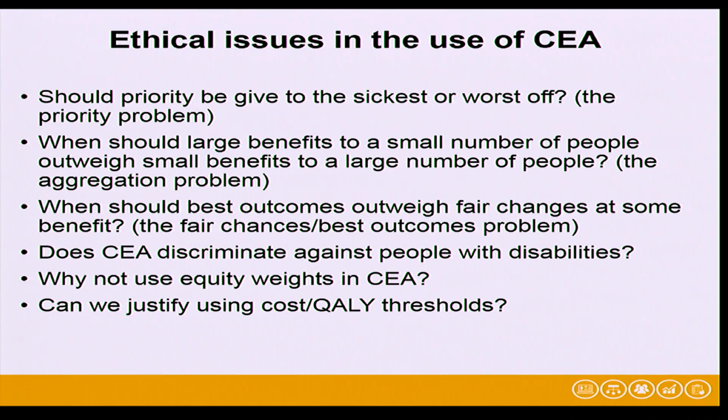And the suggestion I want to make is that traditional cost effectiveness analysis had a particular answer to how one ought to address those questions. Namely, we don't give any priority to the people who are worse off, let's say sickest, and a unit of health effect will be a unit of health effect regardless of how we value it.